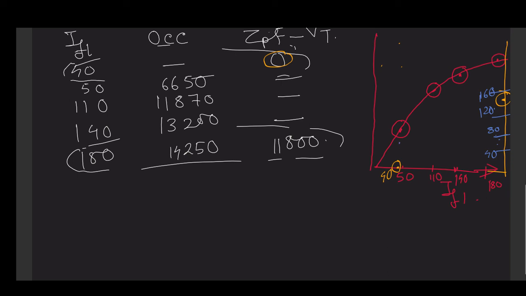So at 40 ampere field it is 78.7. And what we know, that short circuit characteristics is a straight line. Once you get one point, it is sufficient for you to draw a straight line through origin, because short circuit characteristics is always a straight line passing through origin.